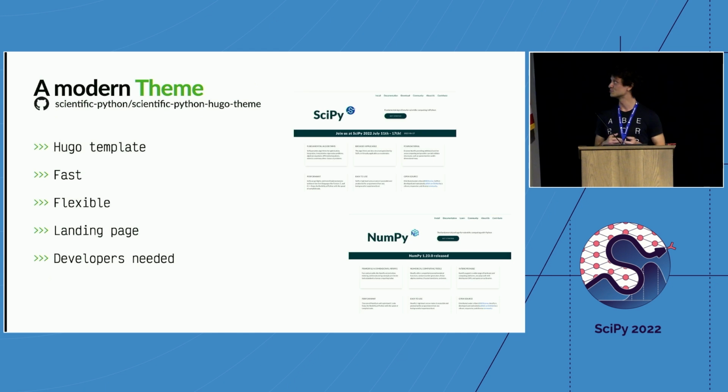Moving on to other initiatives, we now have a modern theme, which is a Hugo theme. Hugo is a static site generator, and it's the theme now used by SciPy and NumPy. You may have seen the new landing pages for both organizational websites of SciPy and NumPy.